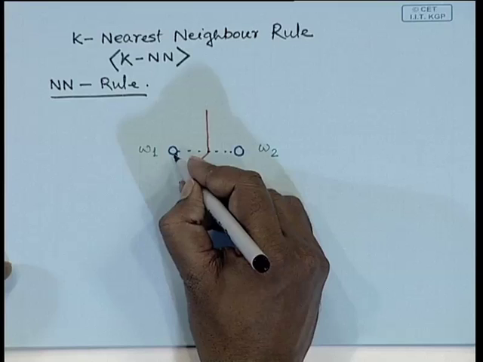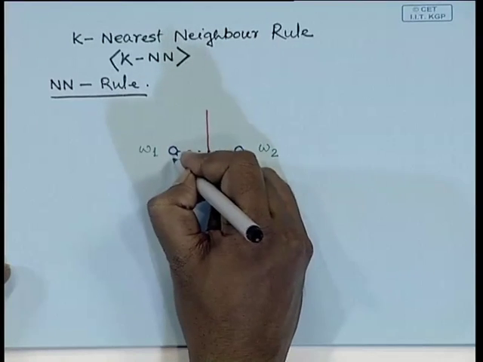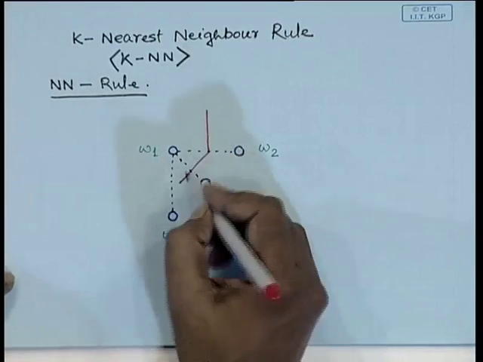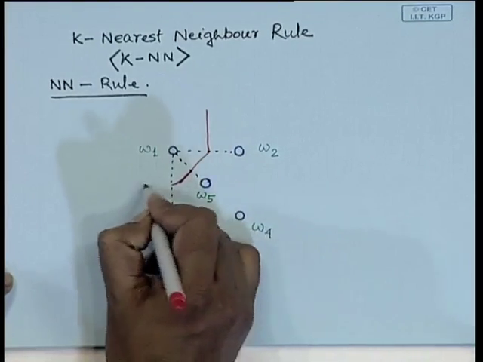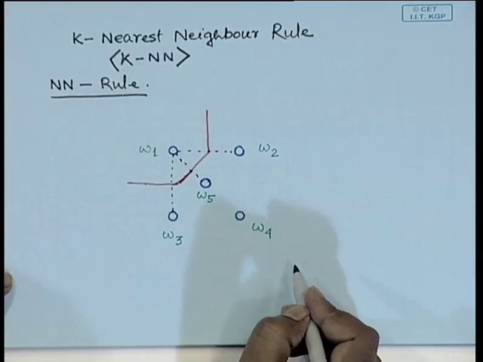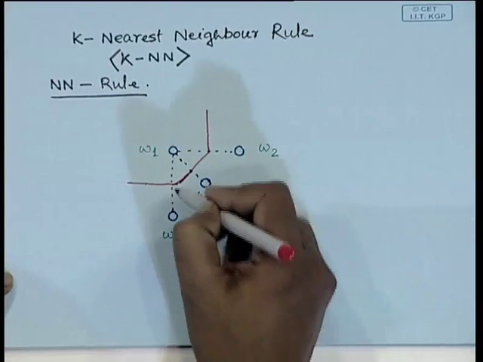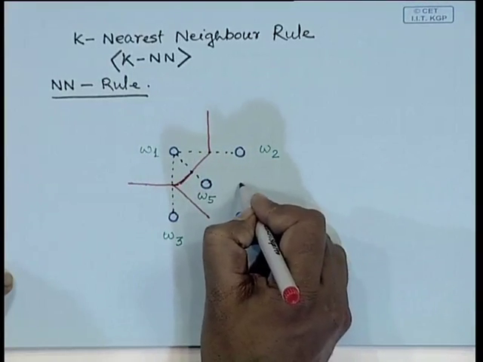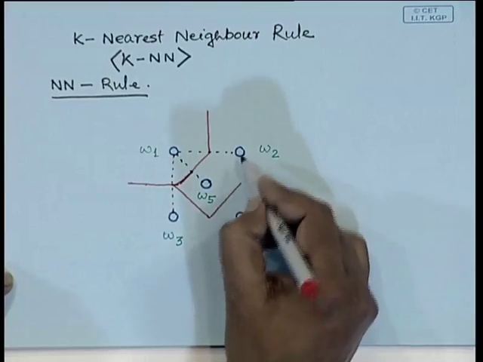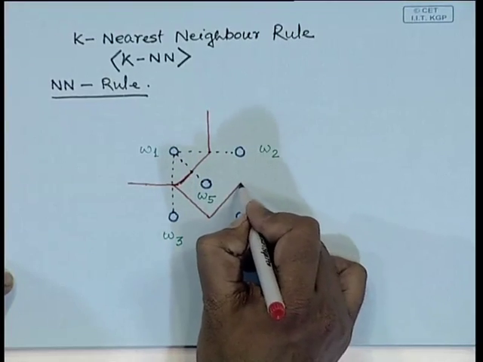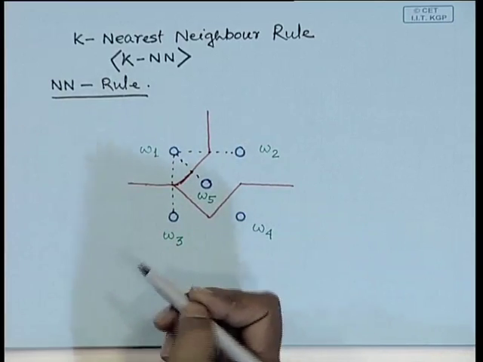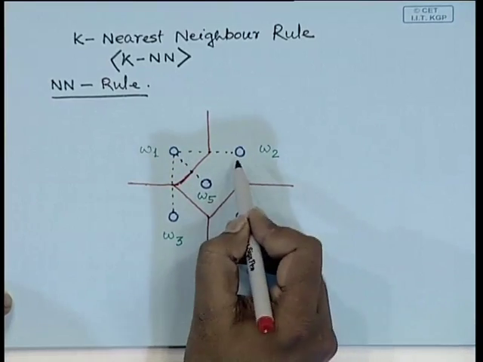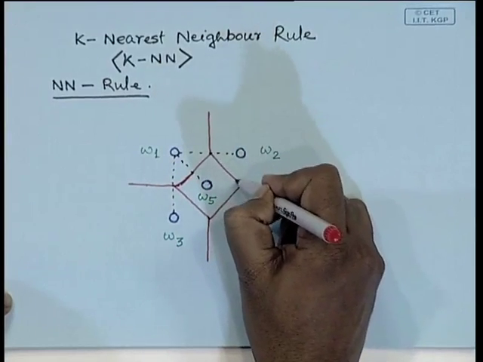Similarly, the decision boundary between classes omega 1 and omega 3 will be the orthogonal bisector of this line. So, this particular decision boundary will be something like this. In the same manner, the decision boundary between omega 3 and omega 5 will be this, between omega 5 and omega 4 it will be this, between omega 2 and omega 4 the decision boundary will be this, between omega 3 and omega 4 the decision boundary will be this, and between omega 2 and omega 5 the decision boundary will be like this.